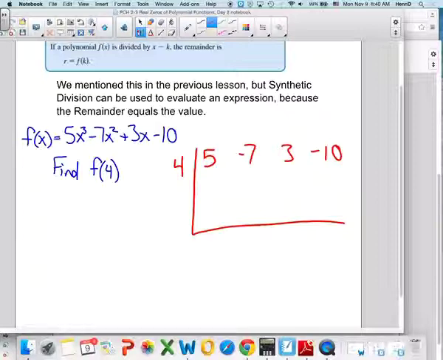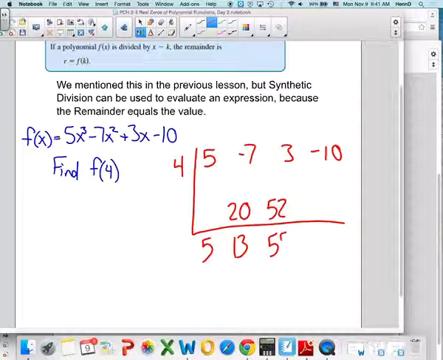Add down, multiply over. Okay, so 5 plus 0 is 5, and then we multiply by 4. Okay, so there's 20. Multiply over. -7 plus 20 is 13, times 4 would be 52. Add down, 55.